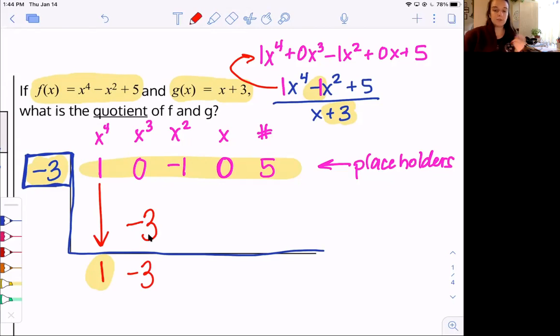And now I need to multiply again. So I'm going to have -3 times -3. -3 times -3 is +9. And then I'm going to add -1 plus 9. That would be +8.